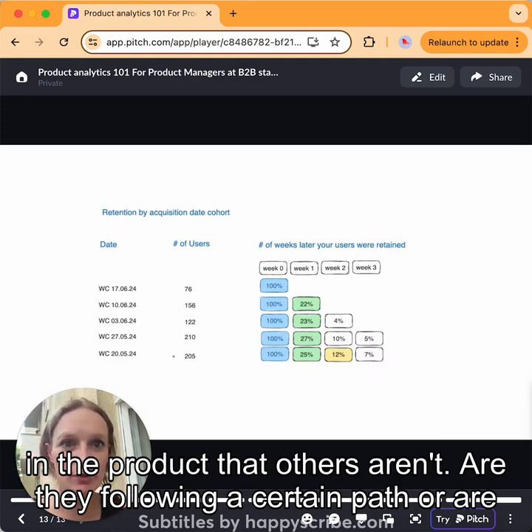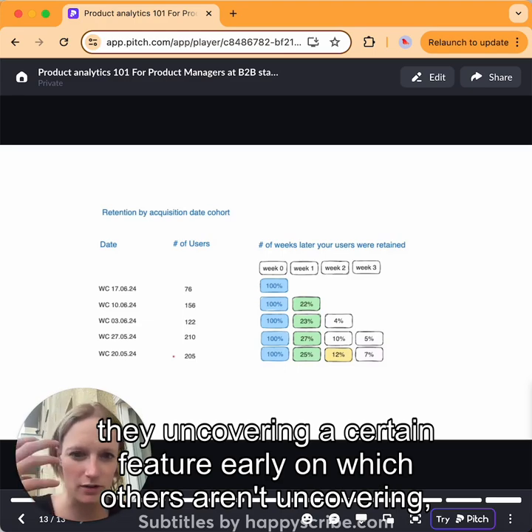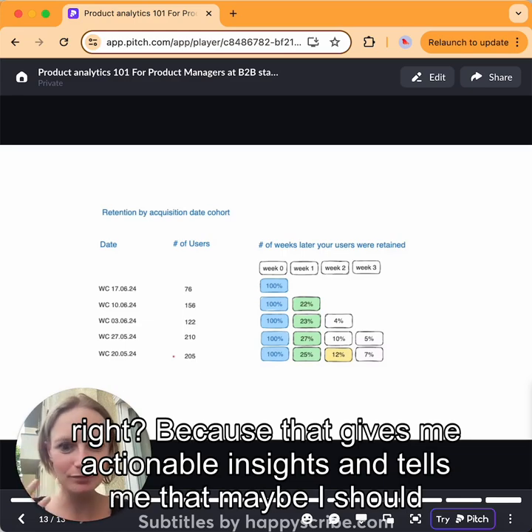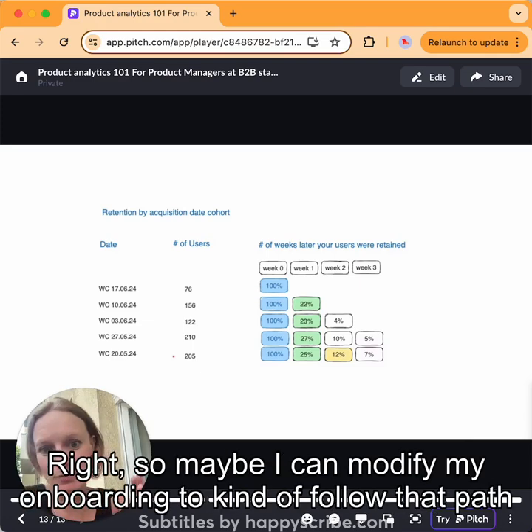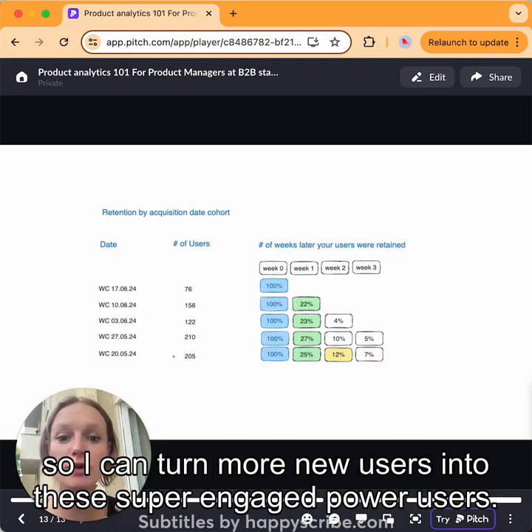Are they following a certain path, or are they uncovering a certain feature early on which others aren't uncovering? Because that gives me actionable insights and tells me that maybe I should drive other users to this specific feature, or that this is the right path. So maybe I can modify my onboarding to follow that path, so I can turn more new users into these super engaged power users.